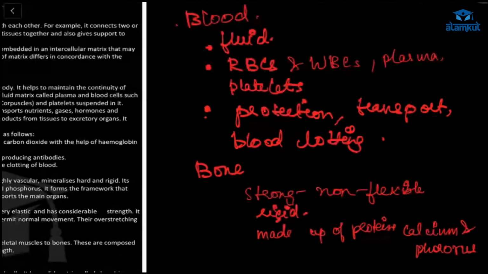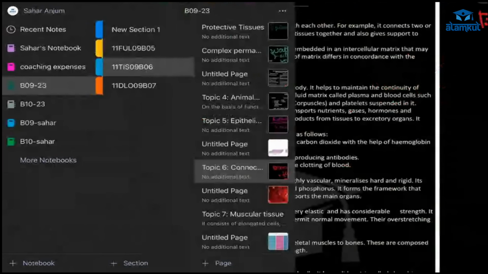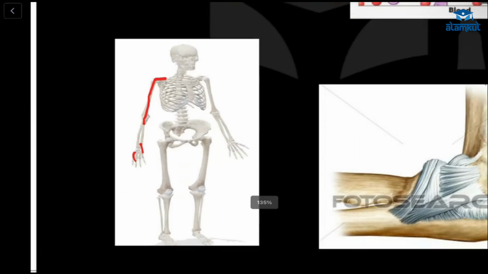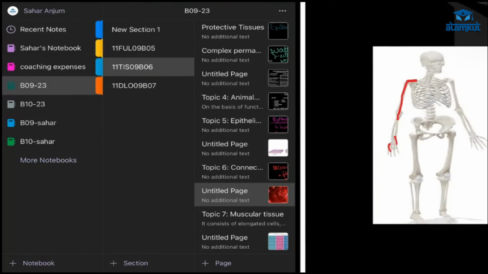Bones form a framework and they support the body. See, these all are bones, right? Different bones are forming a framework and they help in support. If there were no bones, how would we be? We would be so slippery. There won't be any structure, right?